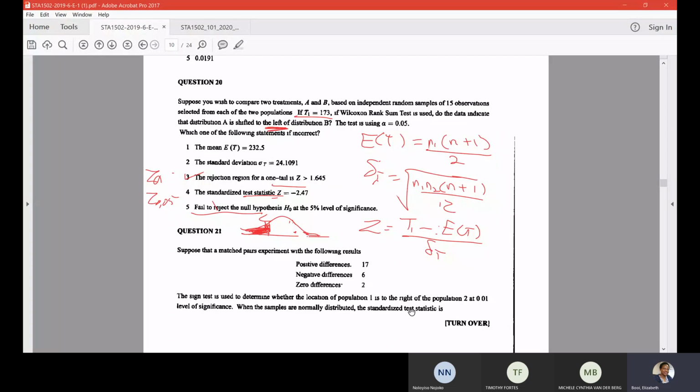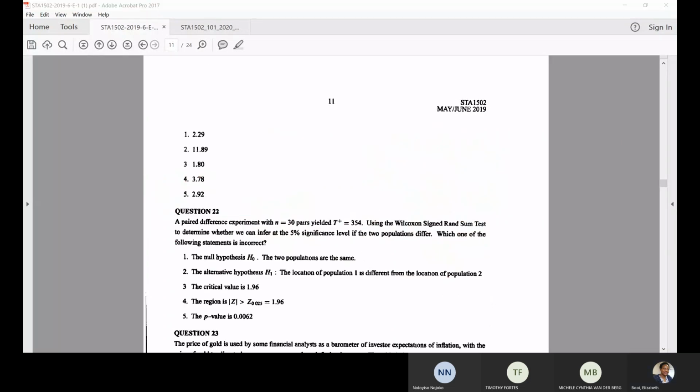We're going to use the Z because this is the rank sign test, not rank sum, where we use only the positive and calculate the test statistic using the Z value.